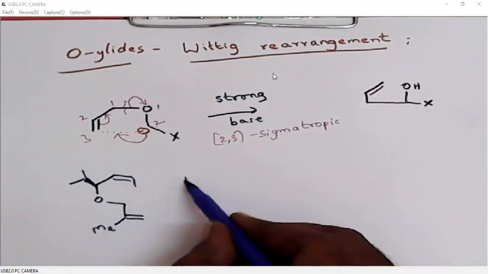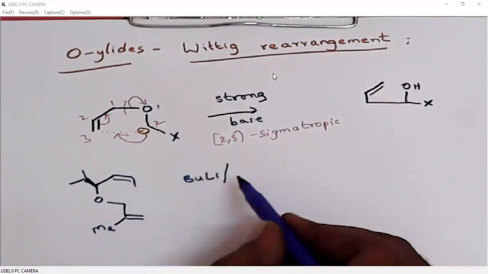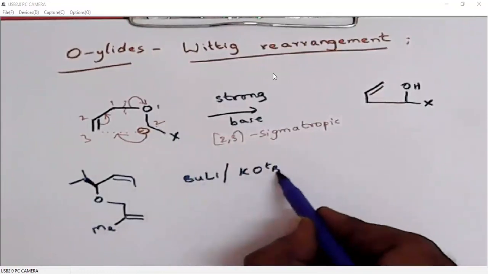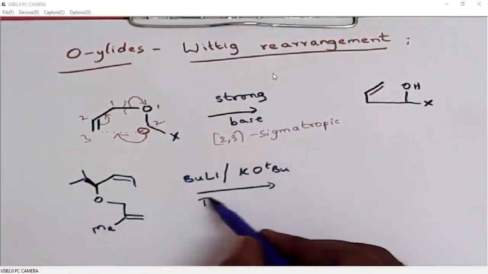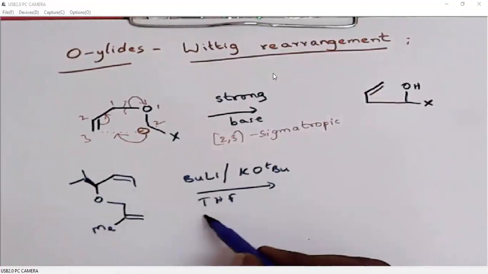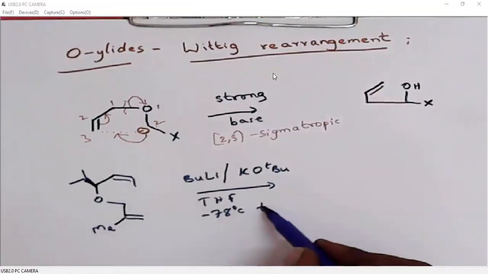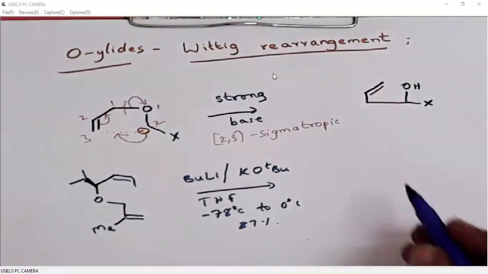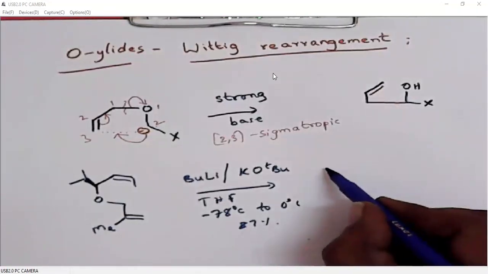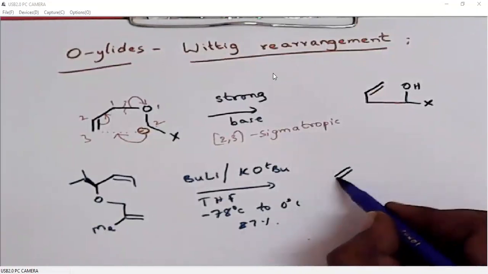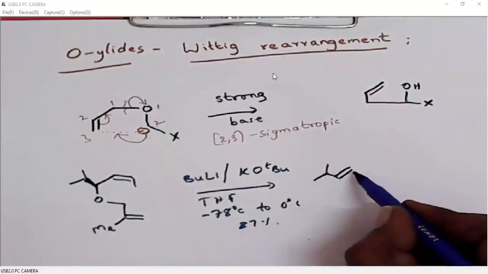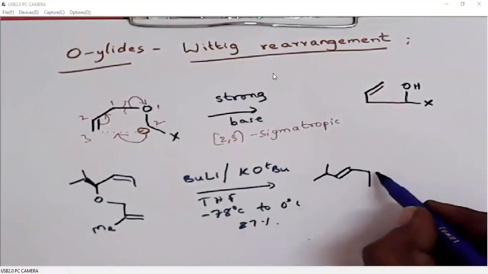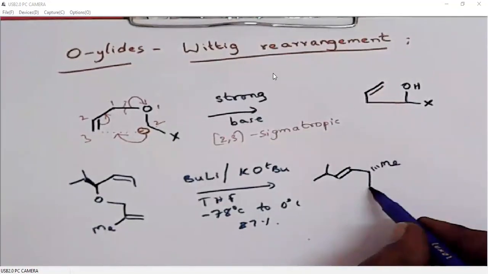Right, this is treated with butyl lithium, potassium tertiary butoxide. This reaction gave 87% yield, and in that we have two products. This is an isopropyl group. First I'll give the products, then I'll explain the stereochemical outcome.